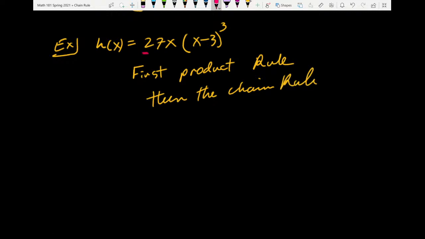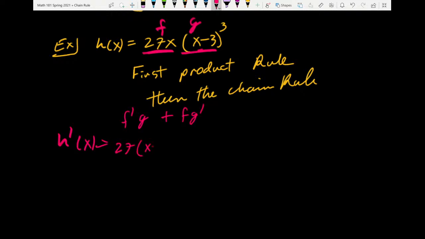So for the product rule, here's your f and g. So h prime equals what? f prime times g plus f times g prime. So 27 times (x minus 3) to the third plus 27x times (x minus 3) to the third. And we got to do the prime of that.